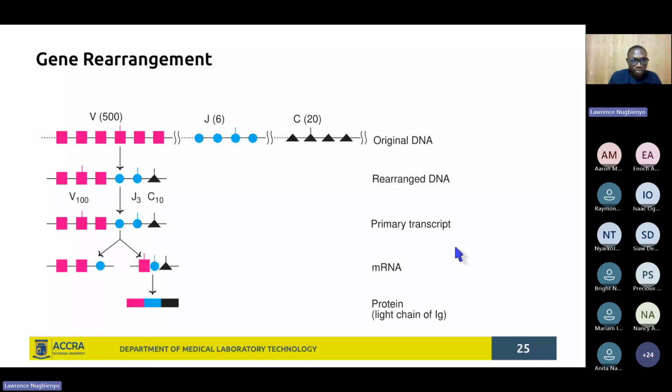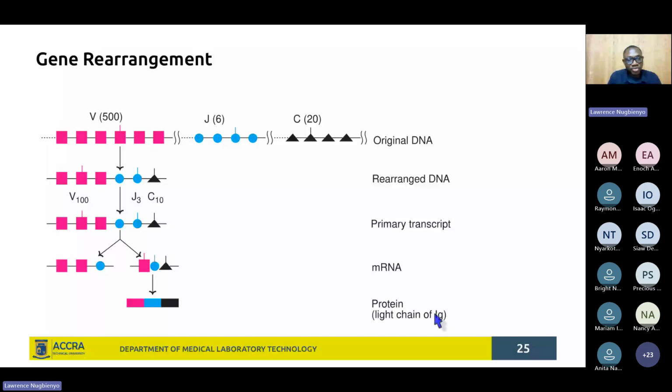I'll respond to you. Then you also have, for instance, gene rearrangement or gene recombination. So, for instance, in the synthesis of immunoglobulins in the immune system, we have an original DNA that is actually coding for that protein, the immunoglobulin.